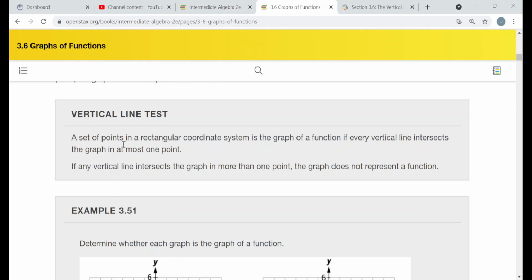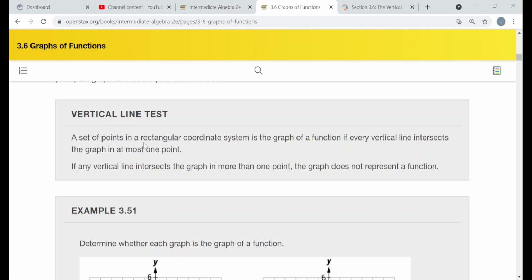A set of points in a rectangular coordinate system, that means the xy coordinate plane that you're probably used to graphing relations on, is the graph of a function if every vertical line intersects the graph in at most one point. Let me say that again.